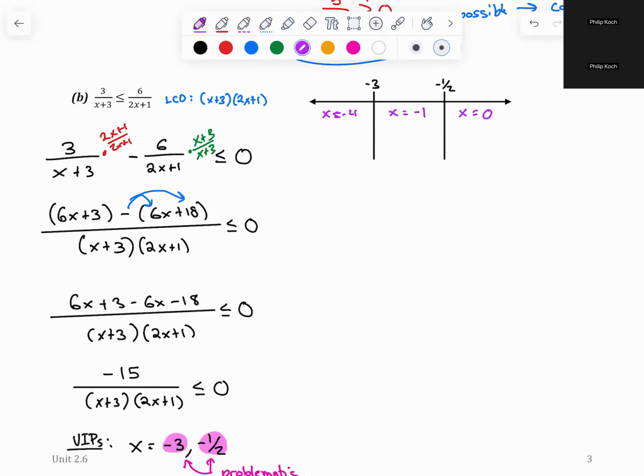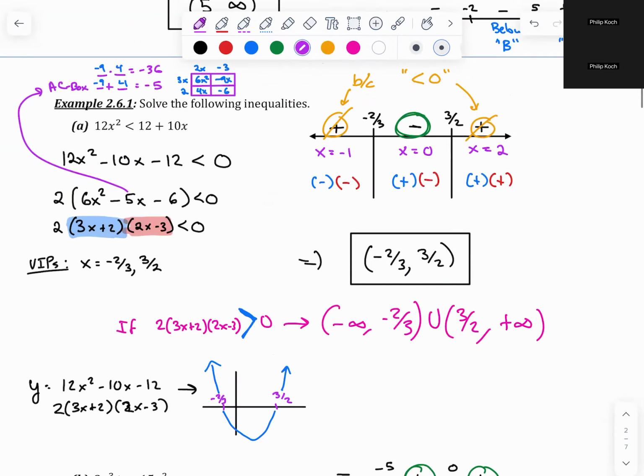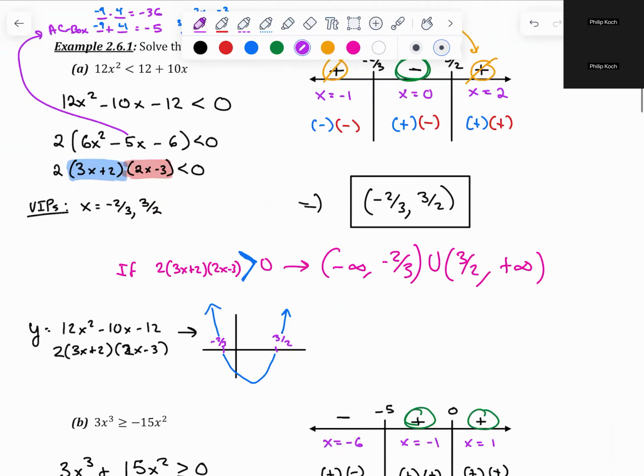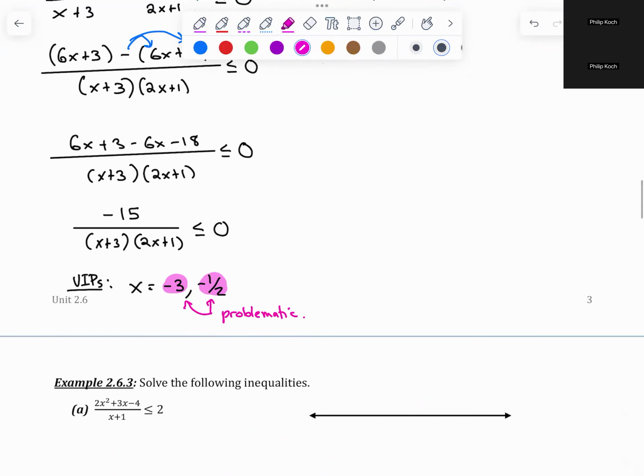However, before I continue, this is different than the case up above. This first case that we did, where it was positive 2. A positive number has no bearing on the sign. But notice that this one has a negative 15, which I'm going to highlight in green.